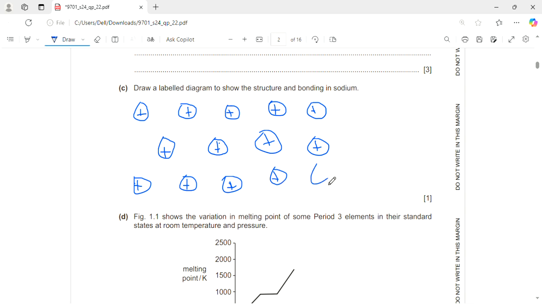And here we don't forget to draw the sea of electrons, alright? Don't forget that. Sea of electrons.